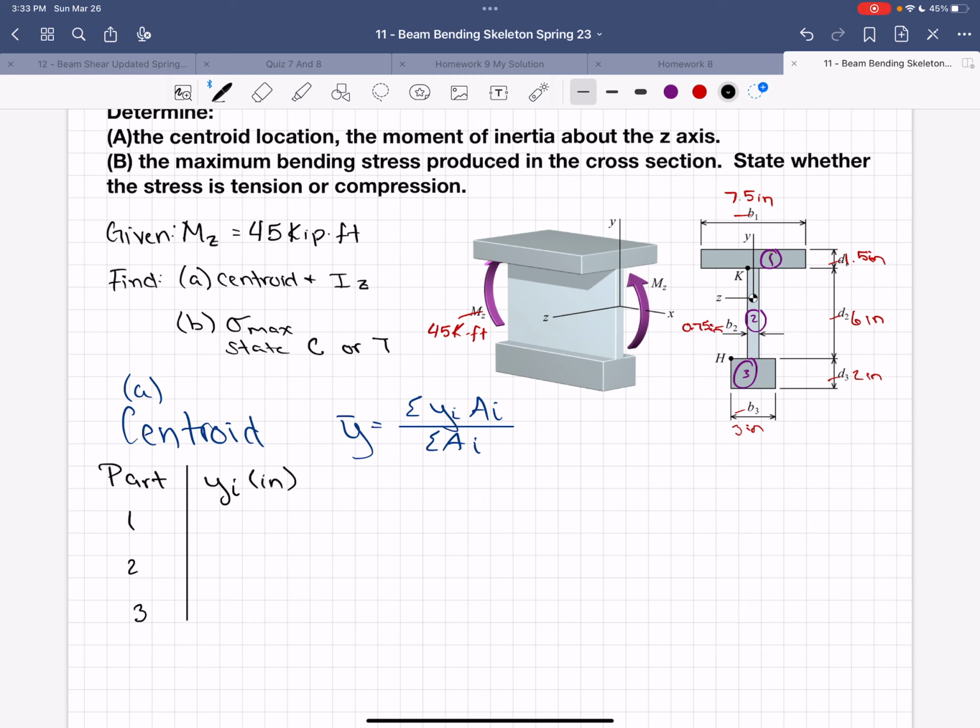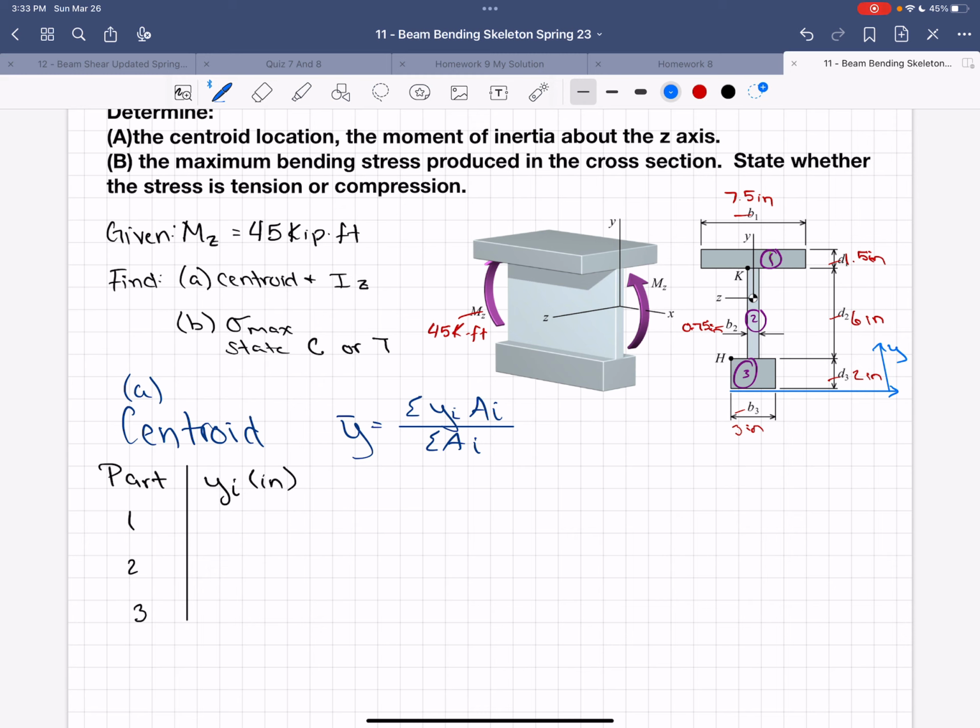We're going to find the centroid going up from this line. So y goes up.